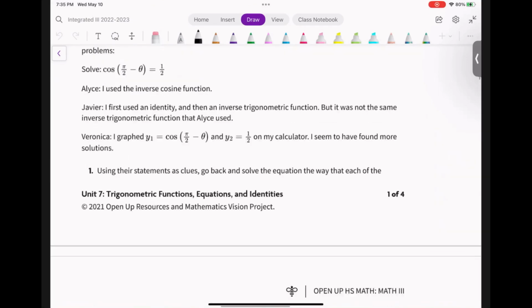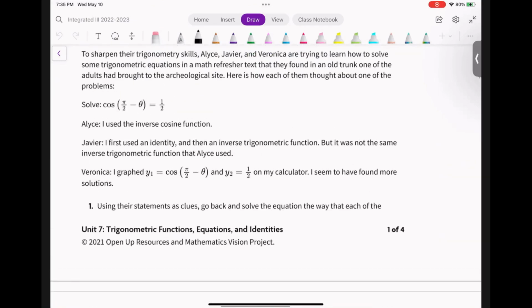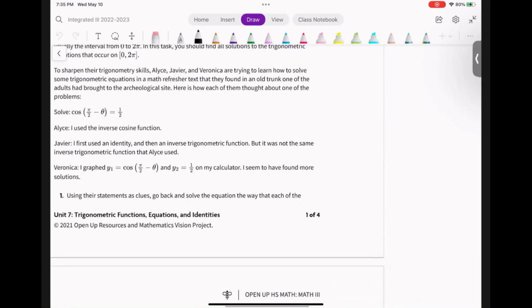So Alice said she uses the inverse cosine function. So let's do that. She takes cosine of pi over 2 minus theta equals one half, and she starts by taking the cosine inverse of both sides.